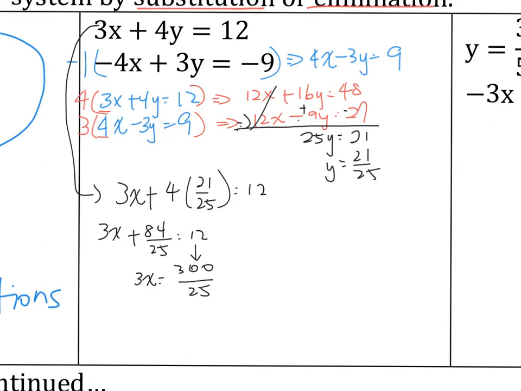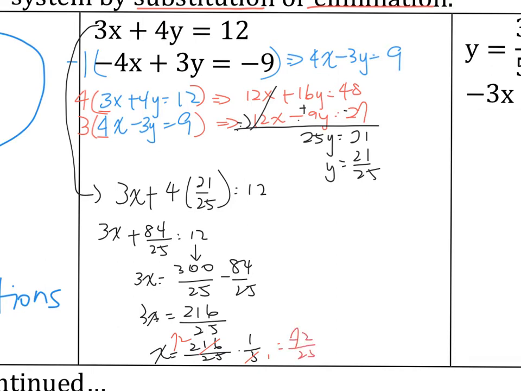So 12 can be rewritten as 300 over 25, and I can subtract 84 over 25. So 3x equals 216 over 25, and x would equal 72 over 25.